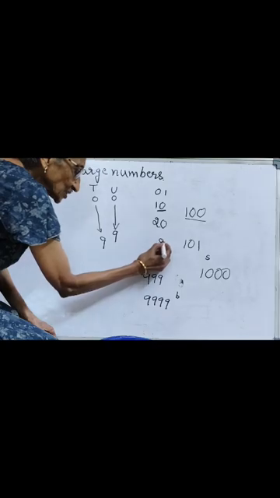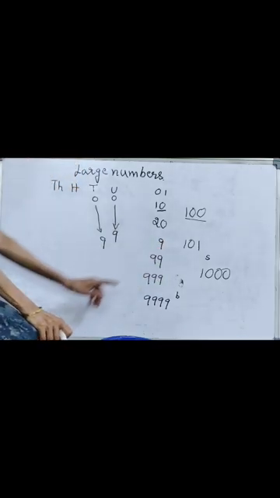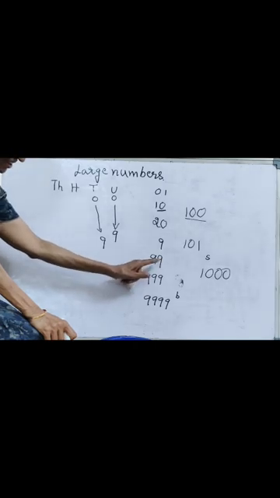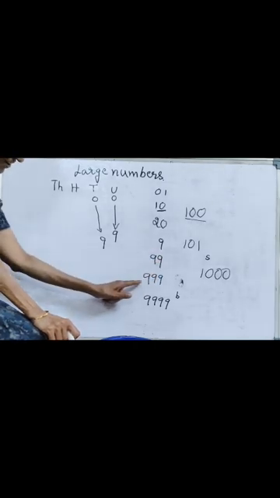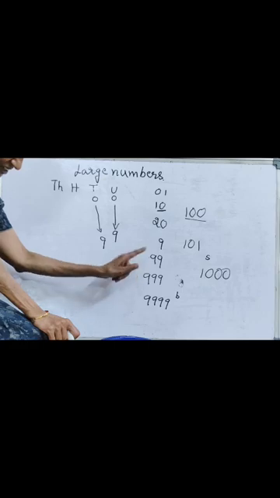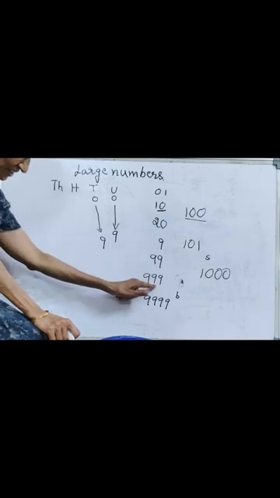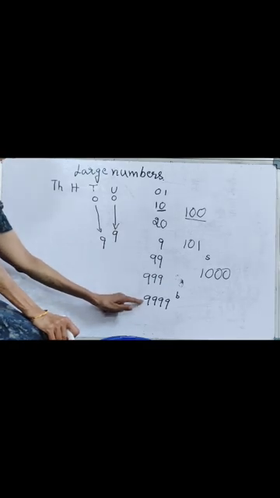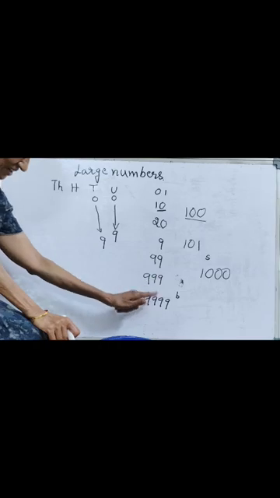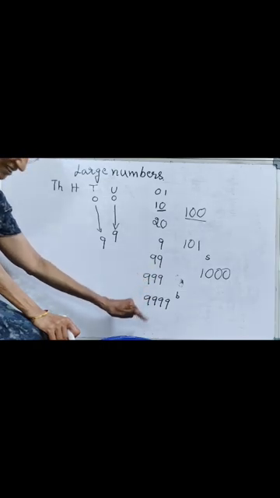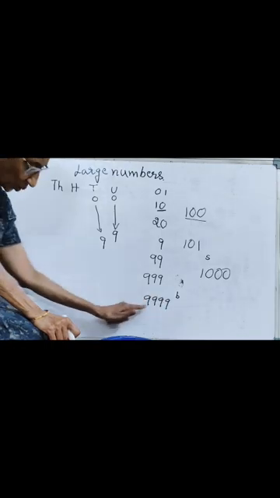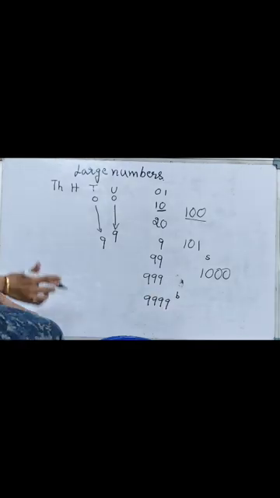This is unit, highest number 9, 10, 99, 100, 999, next 1000, 9000, 999. This is how we read the number.